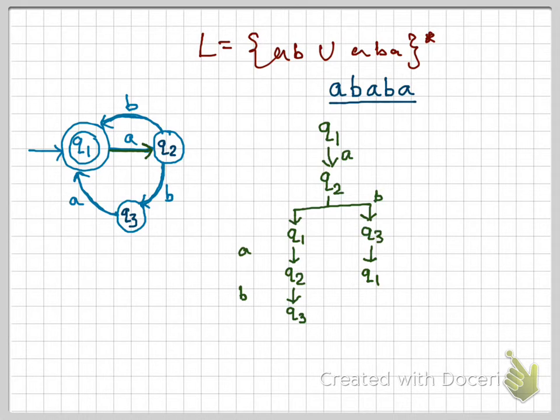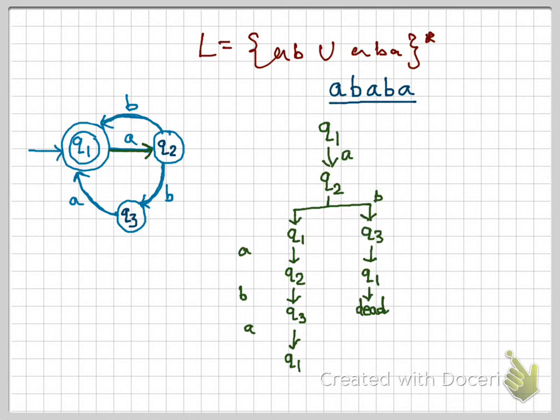In such a case, I will say that this particular path is now dead, because it's not taking me anywhere. Then after B I am going to again read an A. Even on Q3 when I read A, I come to Q1.